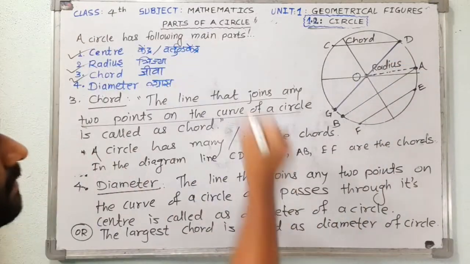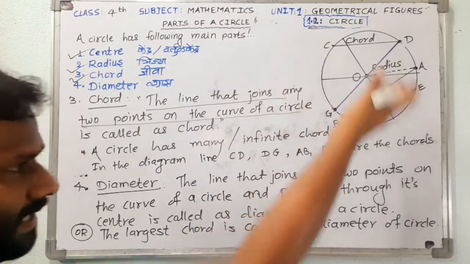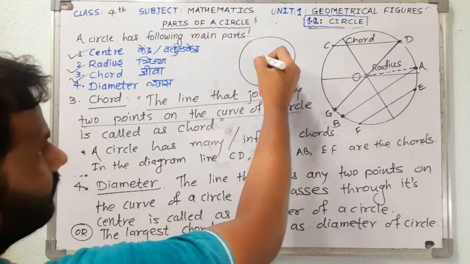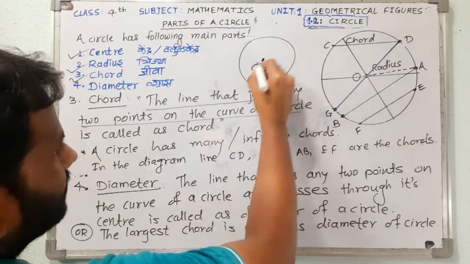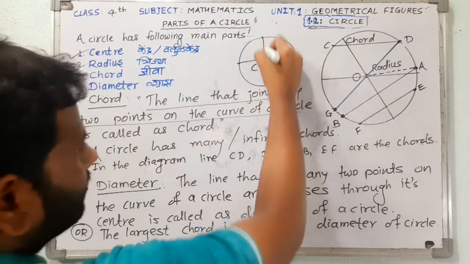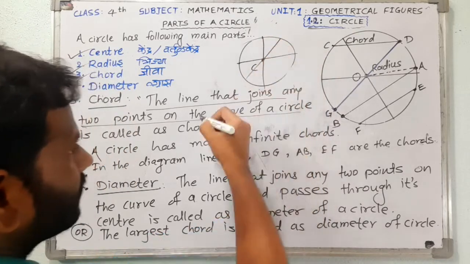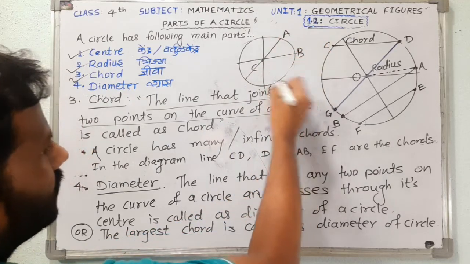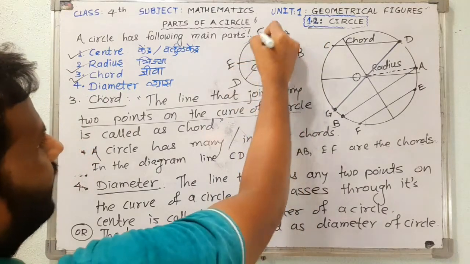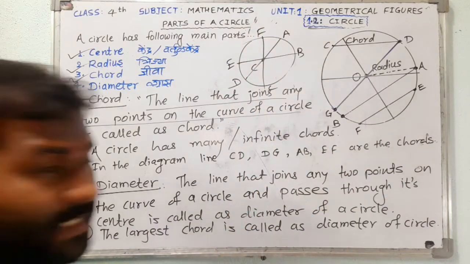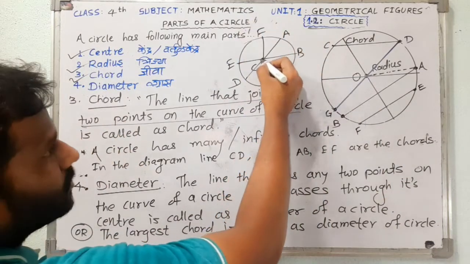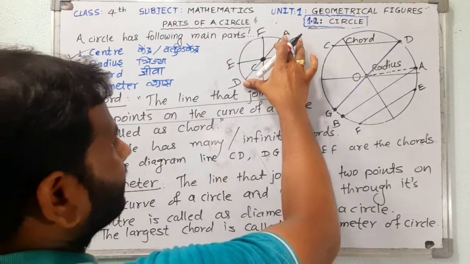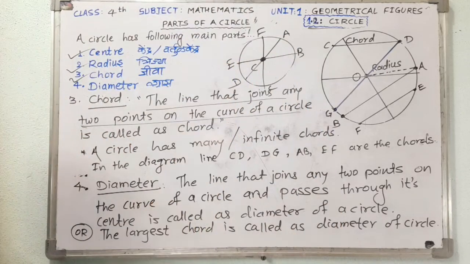Suppose this is the center of a circle, this is the diameter, this one is also a diameter, this one is also a diameter. Condition is what? Points A, B, C, D, E, F and so on. Compulsory is what? The line should pass through the center and reach the 2 points on the circle, right?